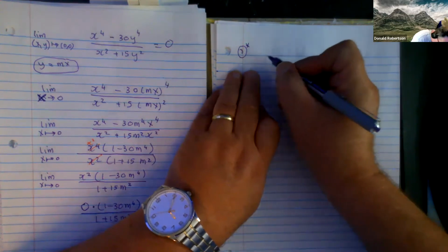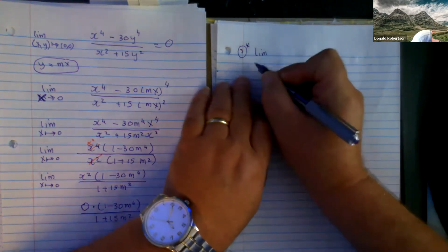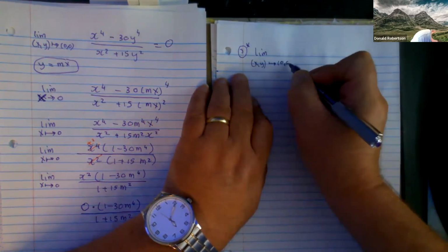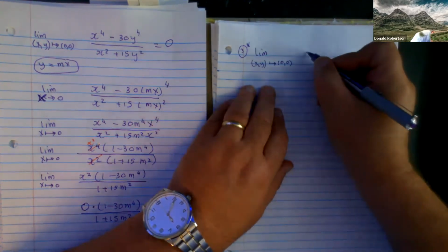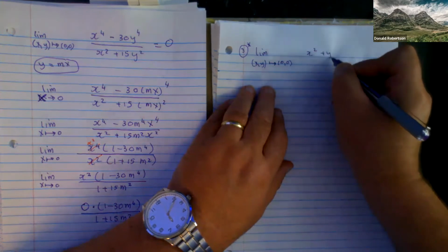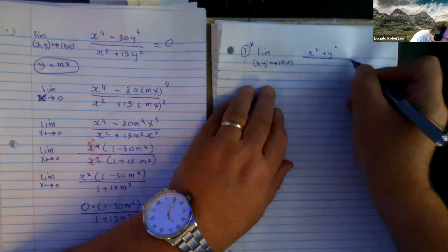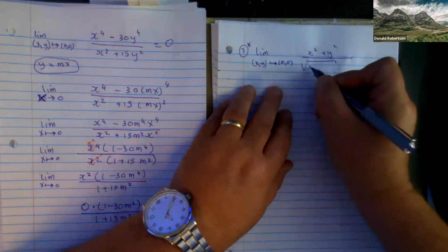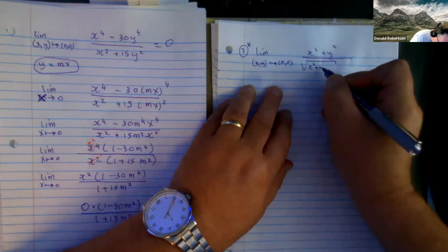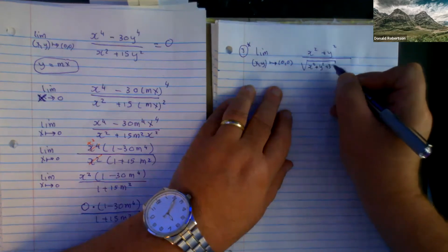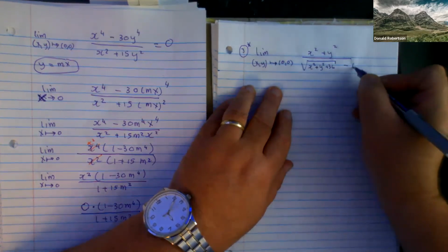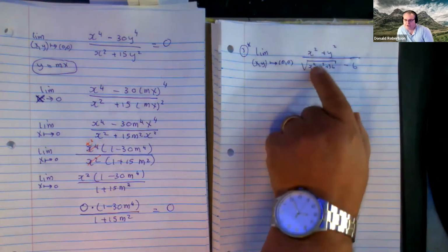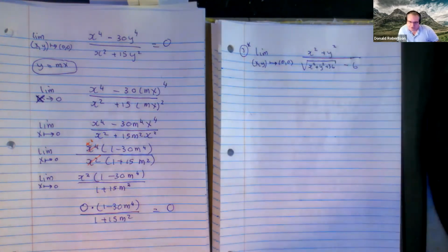In question 3, it's the limit as x, y becomes 0, 0 of x squared plus y squared over the square root of x squared plus y squared plus 36, take away 6. Can you trust me that when you plug 0, 0 in here, you get 0 over 0 and we're stuck?